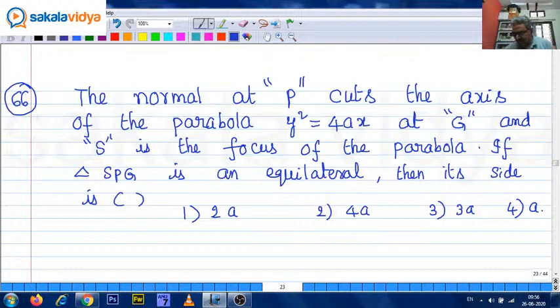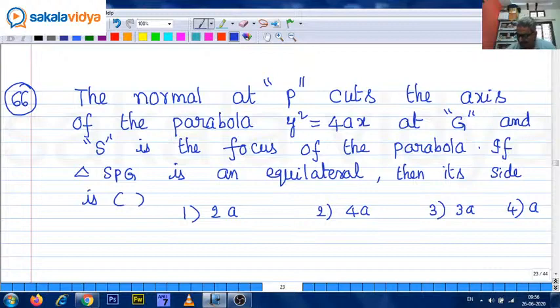This is the question. The normal at P cuts the axis of the parabola y square is equal to 4ax at G. Same as the previous problem only. And S is the focus of the parabola. If triangle SPG is an equilateral triangle, then what is the length of its side?